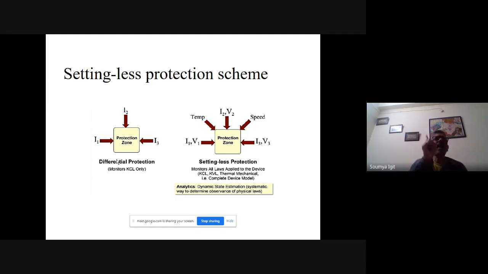But on contrary, because you have an active distribution network, sometimes the settingless protection is more accurate. You remember, you have done the economic load dispatch. You formulated the objective function, taking both the generation demand and the environmental factor aspect, and these two are contradictory phenomena. Subsequently, you achieved a particular trade-off between these two to achieve a feasible solution. It is just an analogous fact.